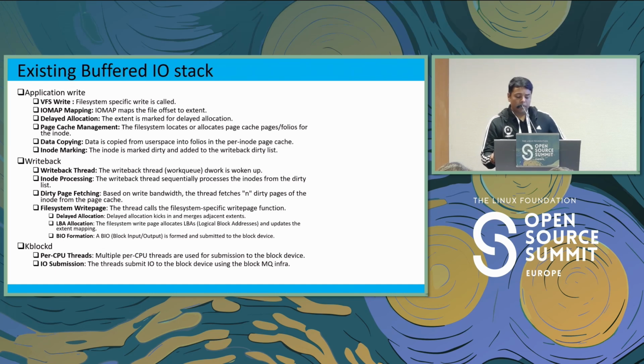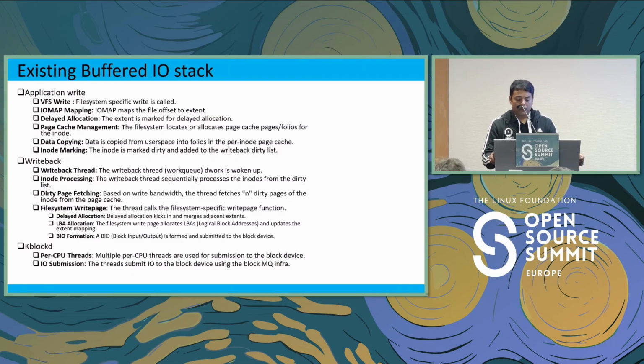So if we see the application write, the application will be writing to any file, and that we call the buffered I/O stack. When the application writes, the virtual file system write is triggered in the kernel. The virtual file system invokes the file system specific write. For ext4 or XFS, we will have file system specific write functions.